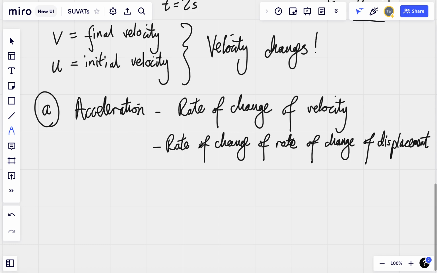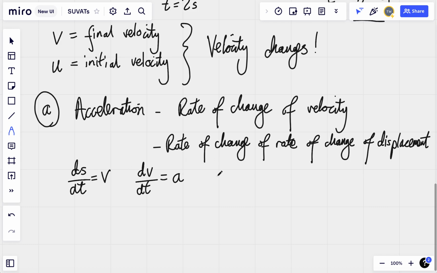If we think about it, ds by dt we call v, dv by dt, as in the rate of change of velocity, we call a.